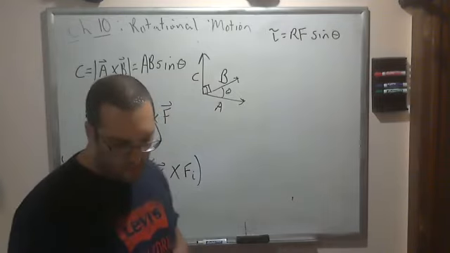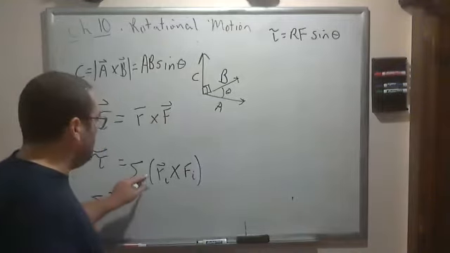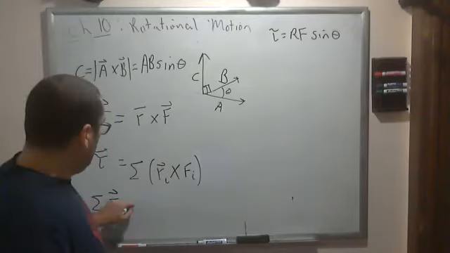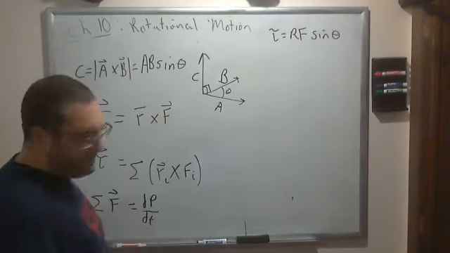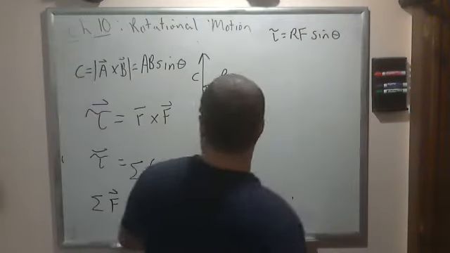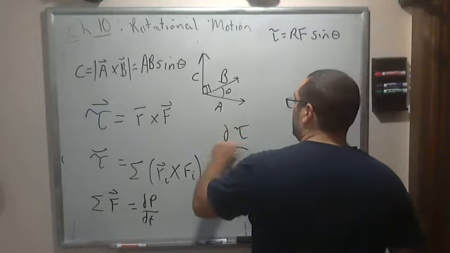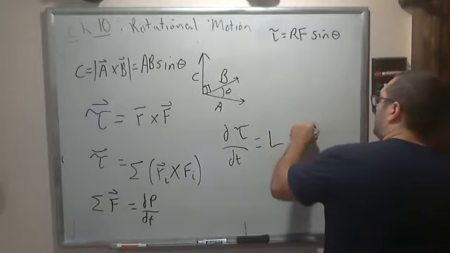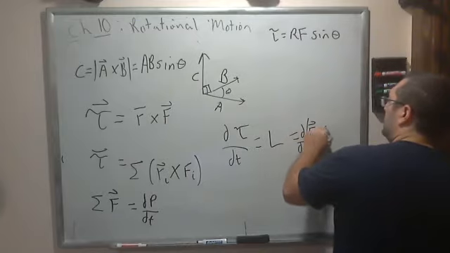And the way we relate, if you remember, how do we relate it to the angular momentum now? Well, we know that the force is equal to the derivative of P. So if we take the derivative of L, we take the derivative of R, right?